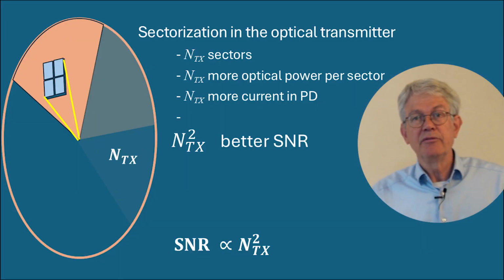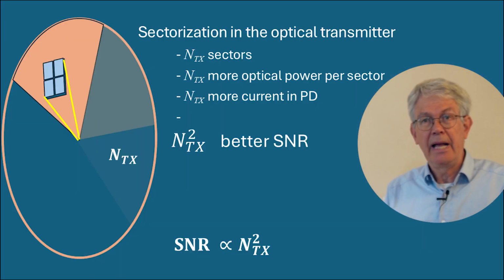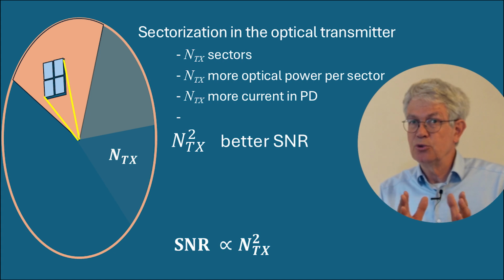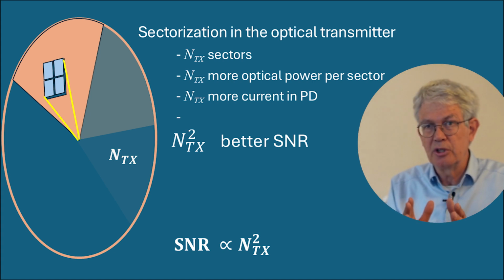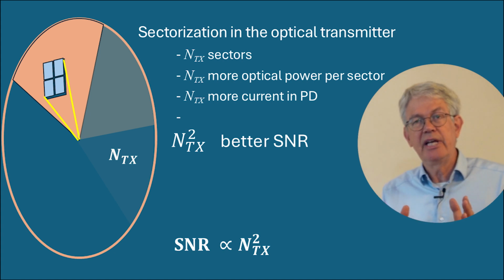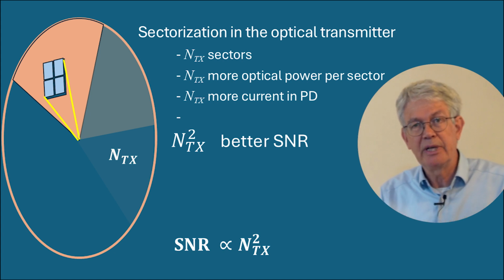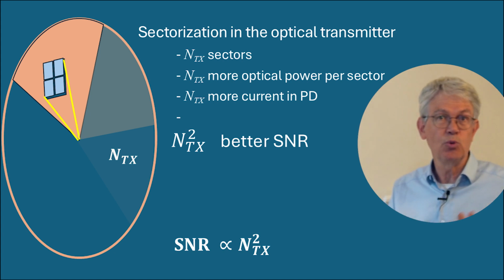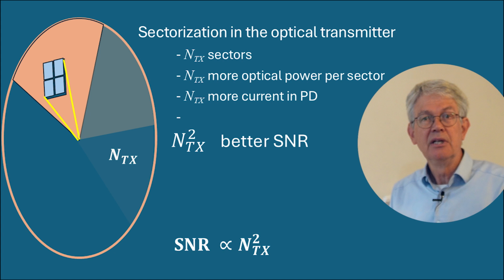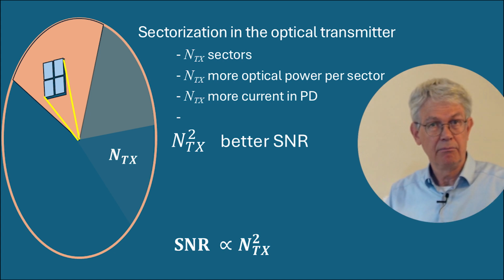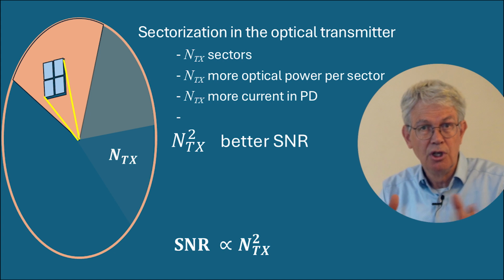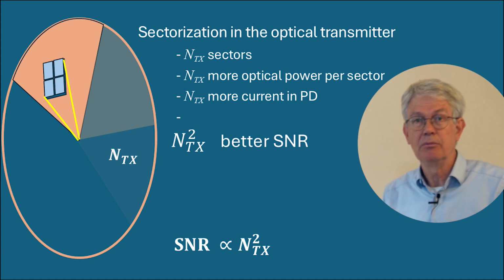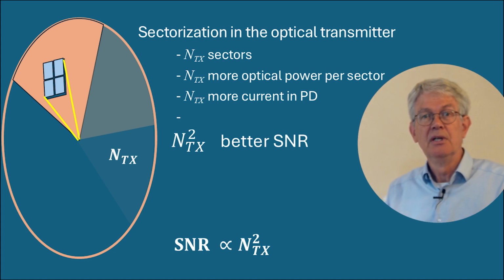Now assume that we have a certain coverage area. If we split that area into smaller segments, into smaller sectors, and I just send the optical power in the direction where I want to have it, let's say in just one of these sectors, then the optical power in that sector goes up by a factor of n, because I can just collimate and steer all the power right there in that sector.